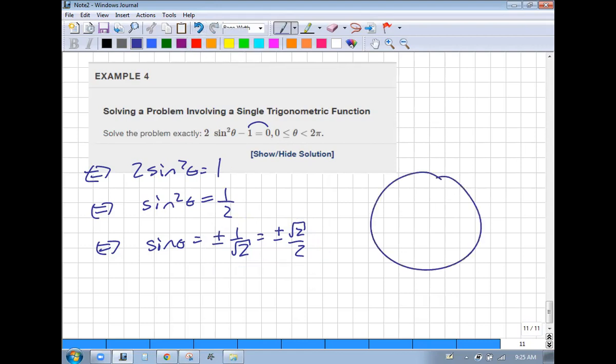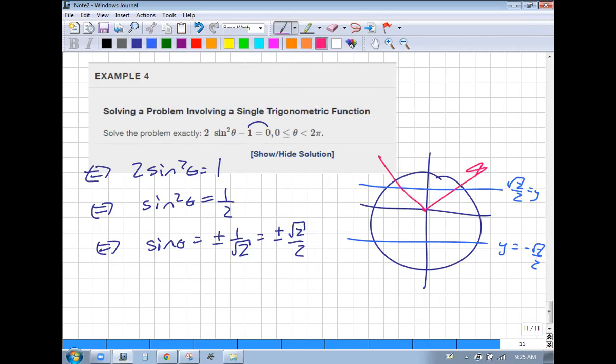So if we look at our unit circle, sine is the y value. So here is y equals positive root 2 over 2. Here is y equals negative root 2 over 2. So we need that angle, this angle, this angle, and this angle, right? These are all diagonals. Well, how would I write down those angles?